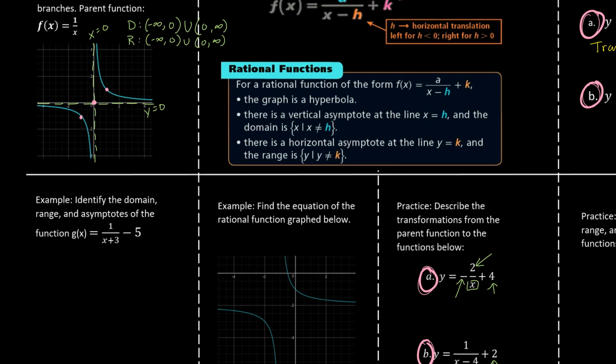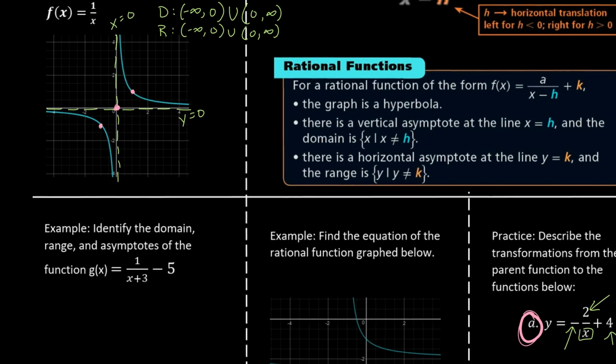Yes, why? Very good. The asymptotes have been moved. How much? Where are they moving? Good. Down 5 and 3 to the left.